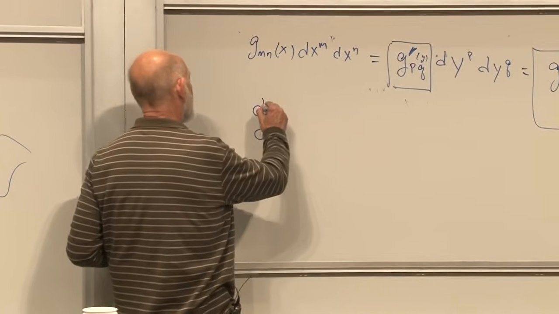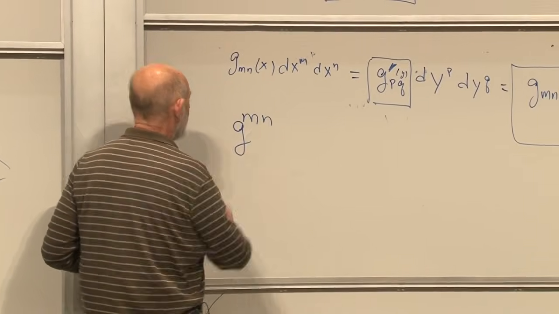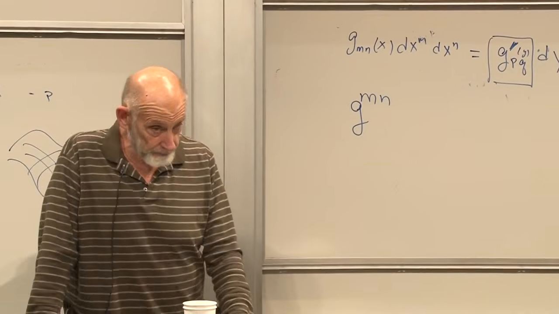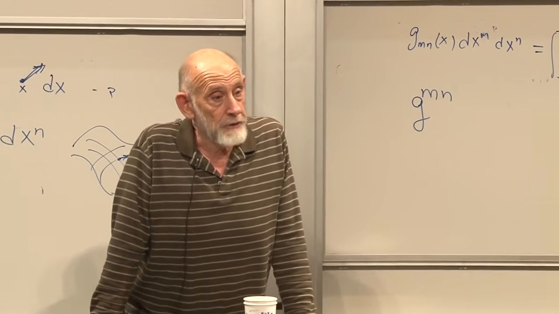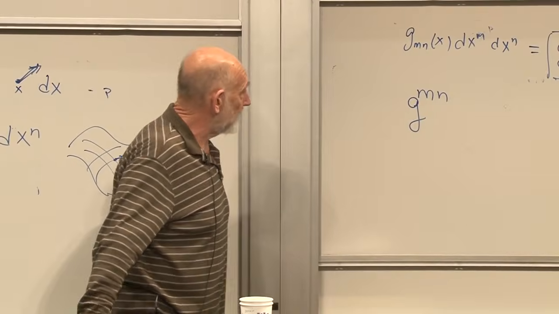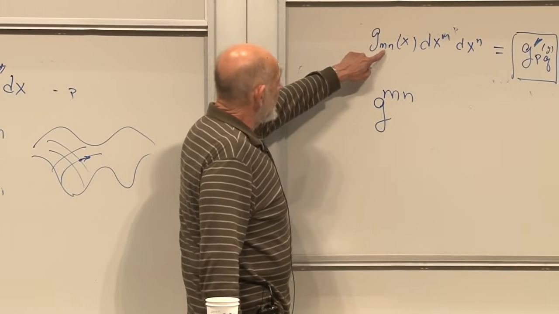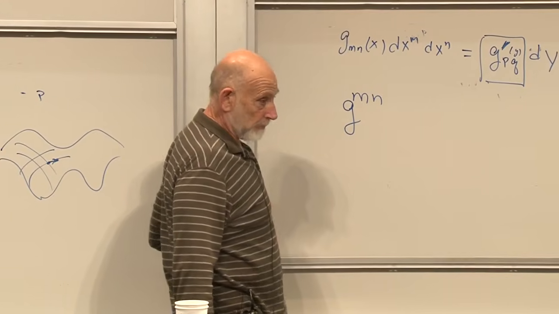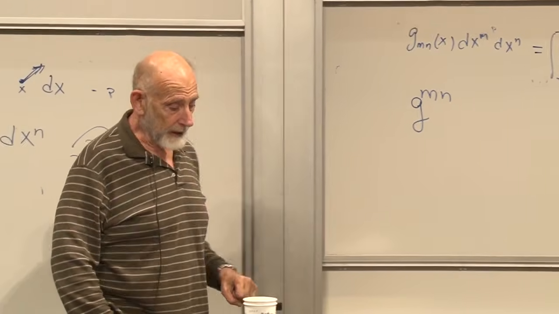G^MN with indices upstairs is also a tensor, and it's defined by the defining property that as a matrix, it's the inverse of the matrix with two lower components. Now, how do you write that?